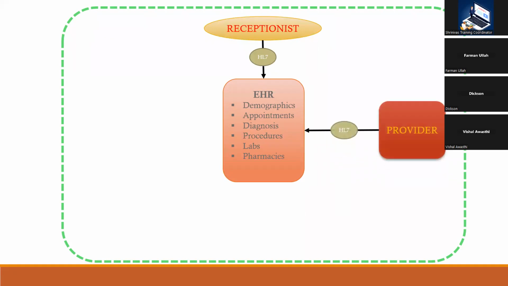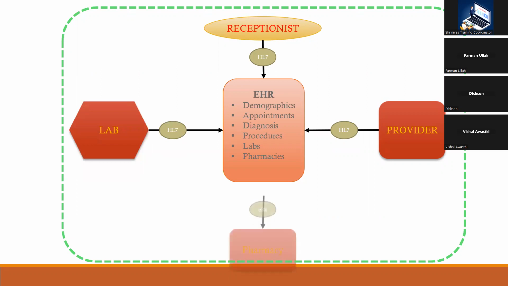Then the provider will also send and receive data based on HL7 transactions itself. And then we have the lab, which also transacts. When I say HL7, I'm talking about V2 or CCD transactions that might happen. And then we have pharmacy related information that is exchanged with pharmacies as eRx.